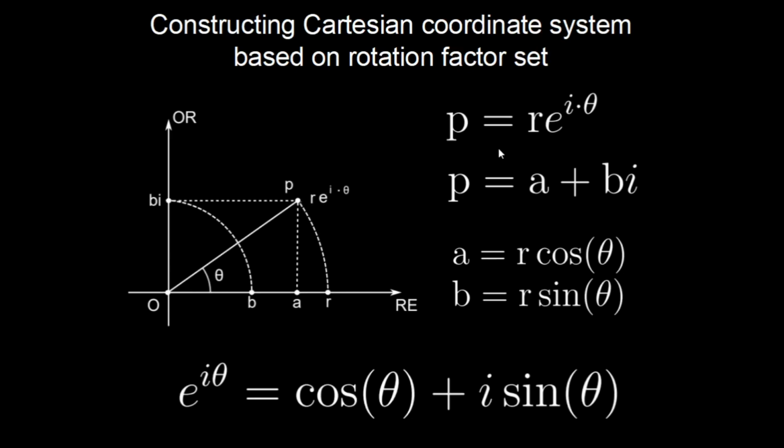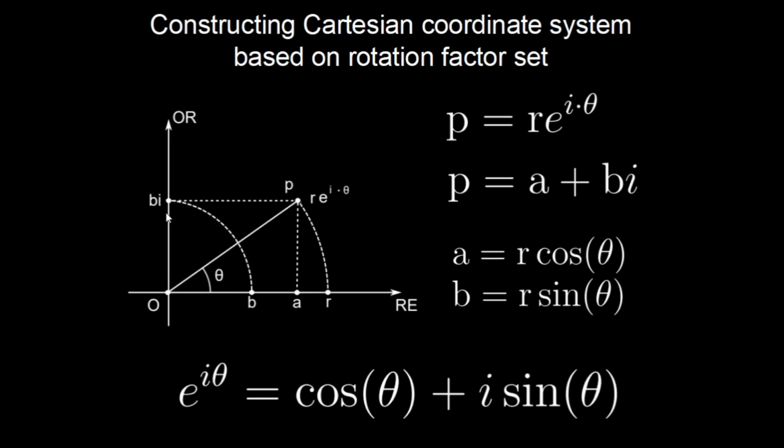The point represented by number A in the Re axis and the point represented by P form a line that's parallel to the OR axis. The distance between the origin and the point represented by number B is the same as the distance between the point represented by P and the point represented by A. Applying the orthogonal rotation factor I to number B makes the point rotate to the point BI in the OR axis.